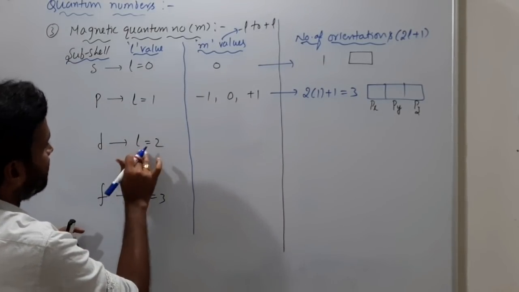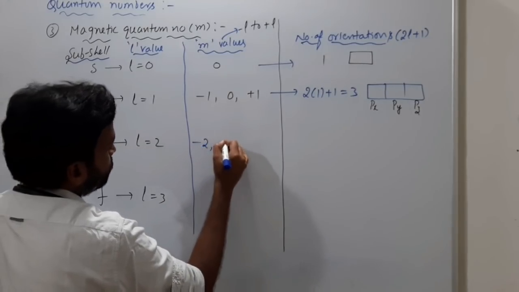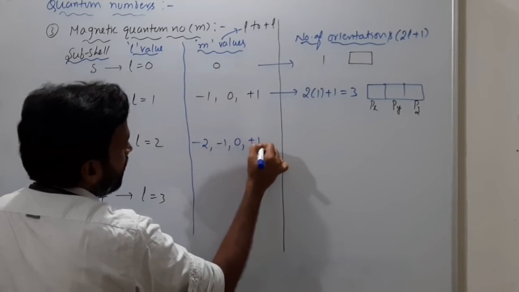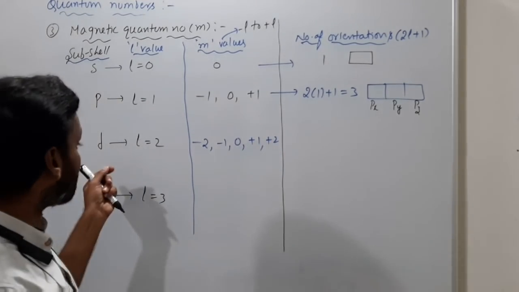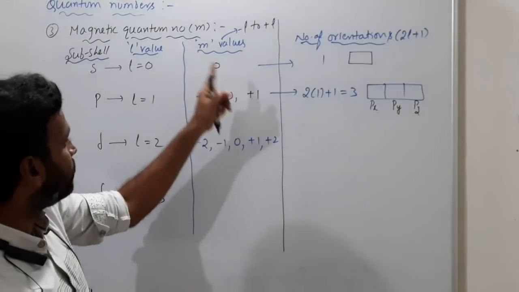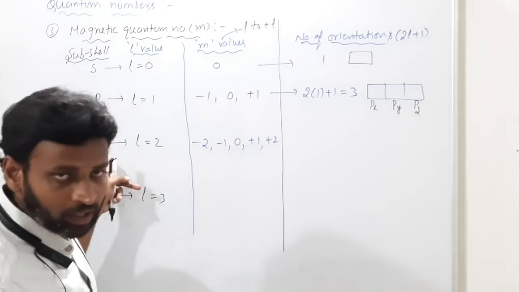For d, the l value is 2. What are the m values for the d subshell? Are you listening and following, everyone?